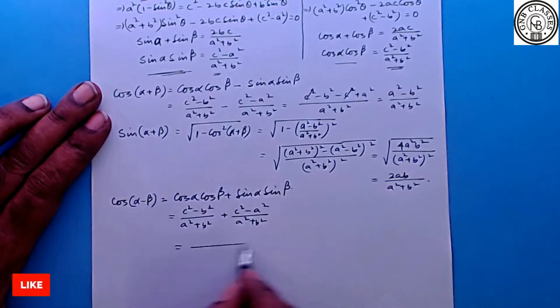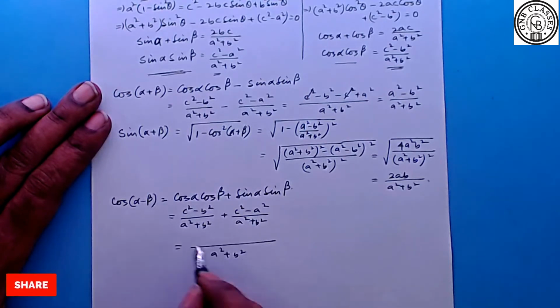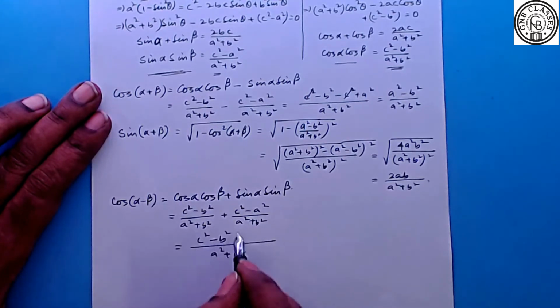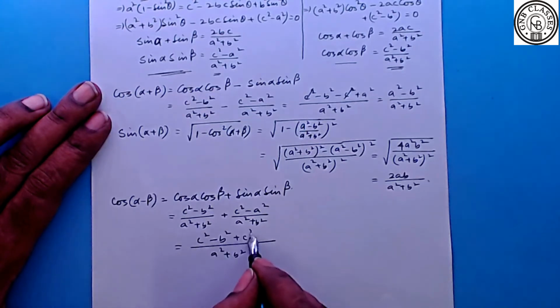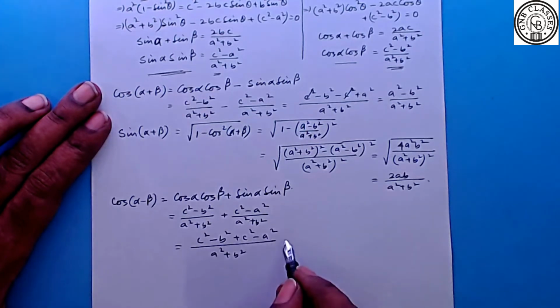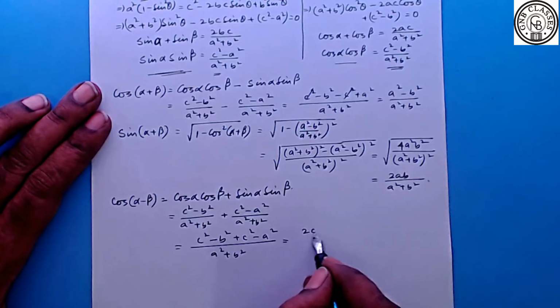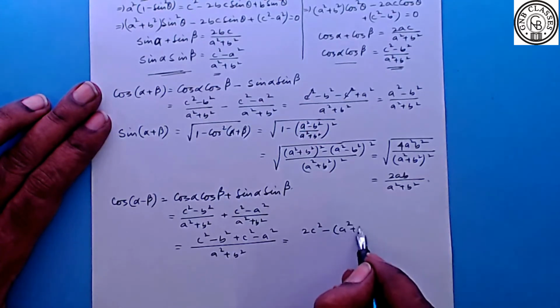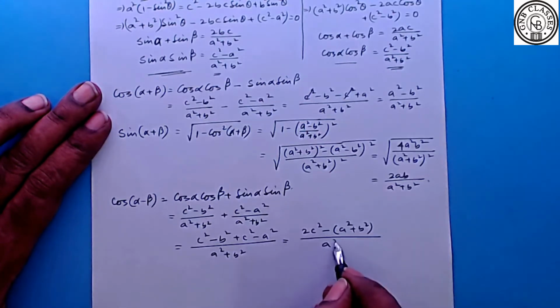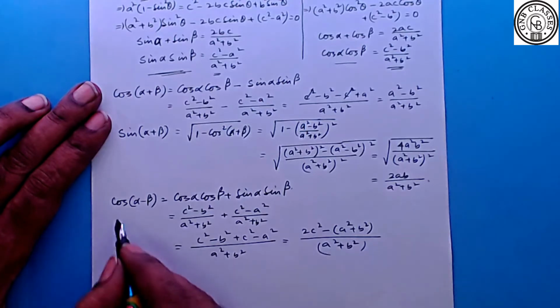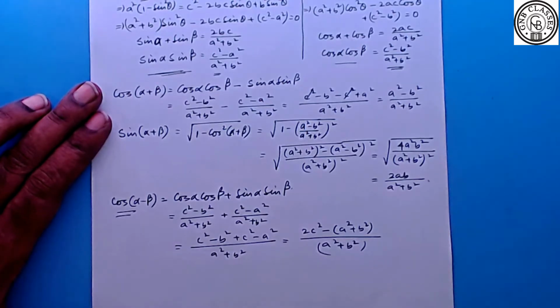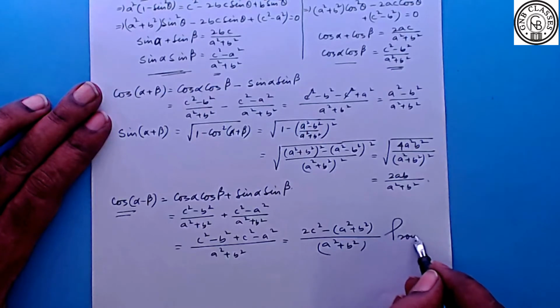Take the LCM. So we are left in the numerator with c² − b² + c² − a². So that implies (2c² − (a² + b²)) divided by (a² + b²), which is nothing but your cos(α − β). Is it clear to all of you?